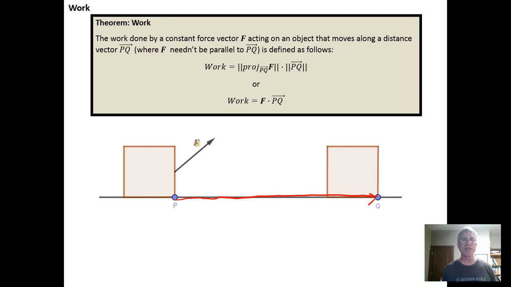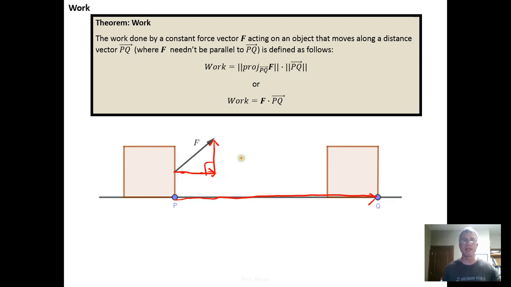Well, if the force is not parallel to the distance vector, what we need to do is decompose the force into a component that is parallel to the distance vector and perpendicular to the distance vector. The component of the force that's perpendicular to the distance vector doesn't do any work, but the component that is parallel to the distance vector does do work.